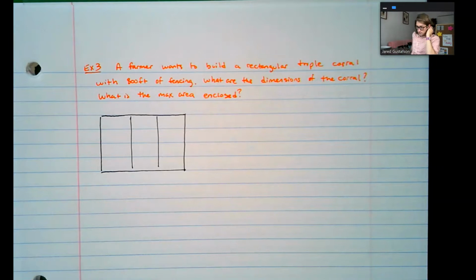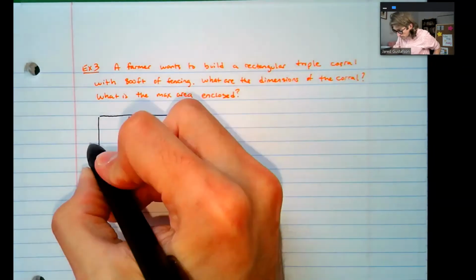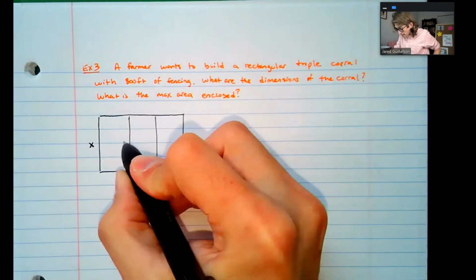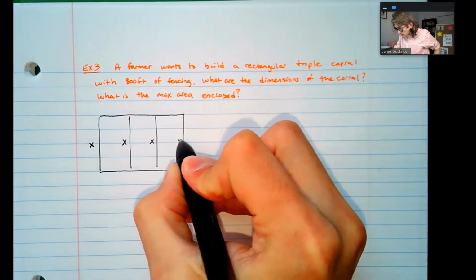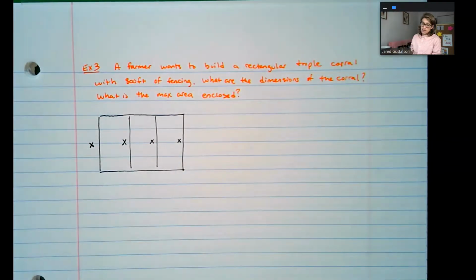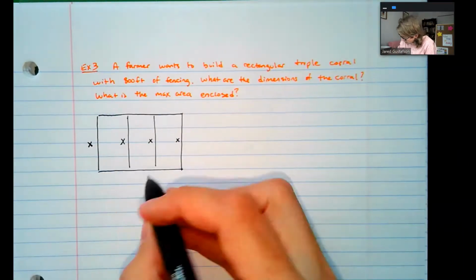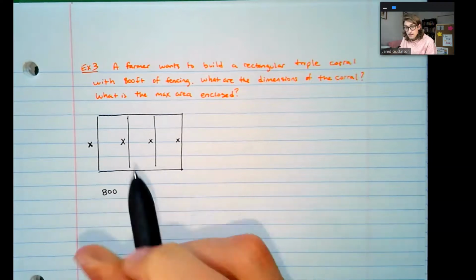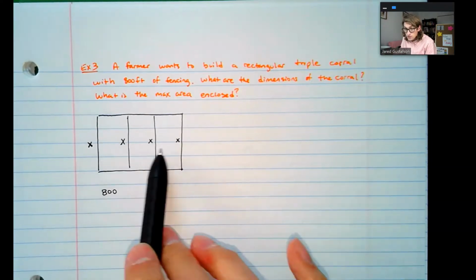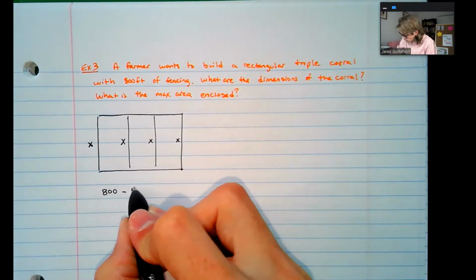It is a rectangle. Again, we got to call something x. So I'm going to call this one x, which means all 4 of these have the same length. Let's figure out what we would call the other 2 parts. So remember, we have 800 total feet of fencing, but we're using 4x's worth.